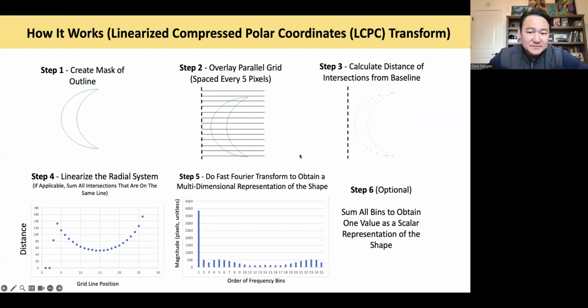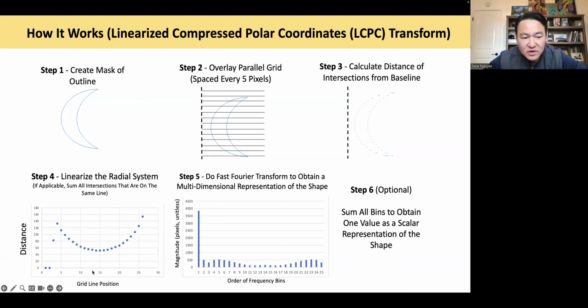What we do next is we turn the intersections we have in step 3 into a linearized form in which the x-axis is just the grid line position, and the y-axis is just the distance to your reference point. If any line touches 2 points, we sum those 2 distances together to get one value.